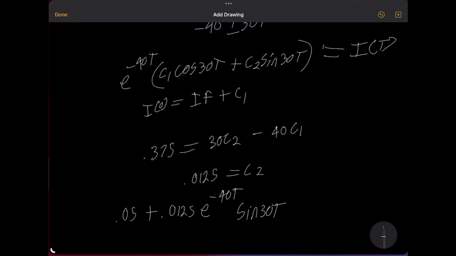It's a little bit different because its final value is approaching a number. It's not approaching 0. When you have a value that it approaches when it goes to infinity, you add that to your final answer, like we just did. But when you're solving for C1, you need to make your I naught equal to I final plus your C1 and your C2.